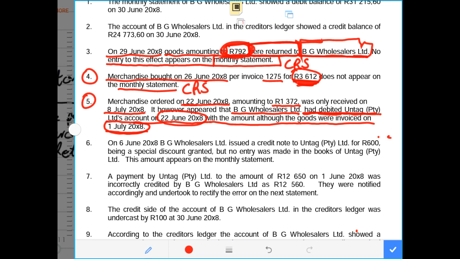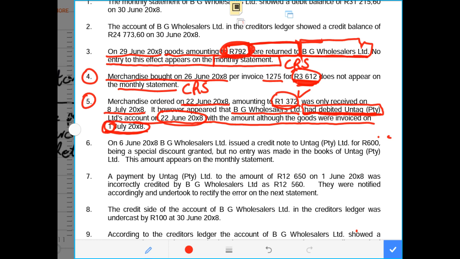The question is, is this amount recorded on the right side? The answer is yes. I emphasized that in the previous exercise. The answer is yes, because if they are selling inventory to us on credit, they're supposed to debit us with the amount. So this amount of 1,372 is on the right side, but it is not supposed to be in the statement for the current month. Why? Because the invoice was for the following month.